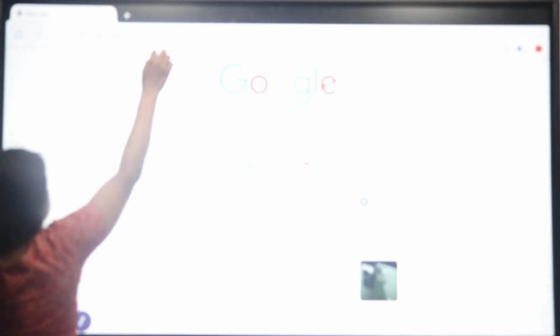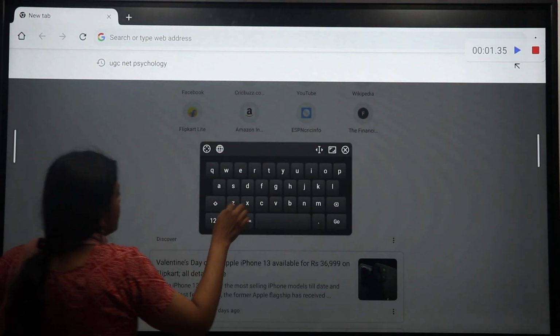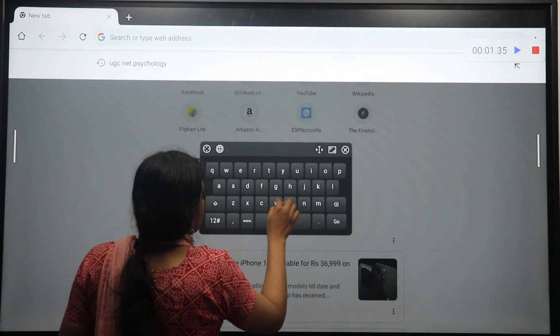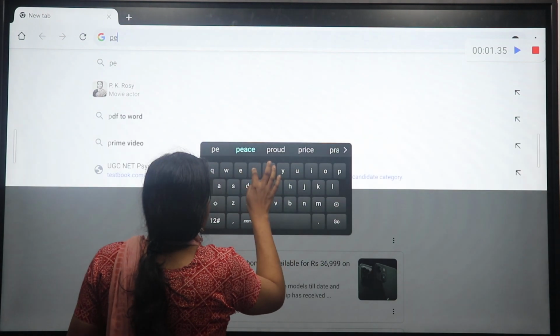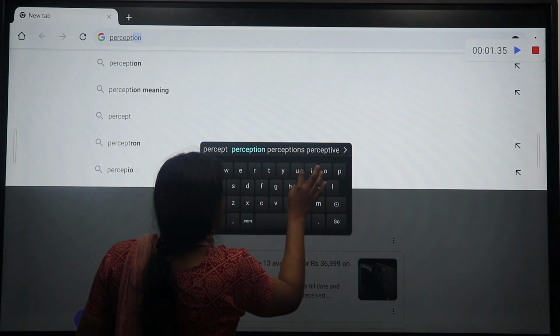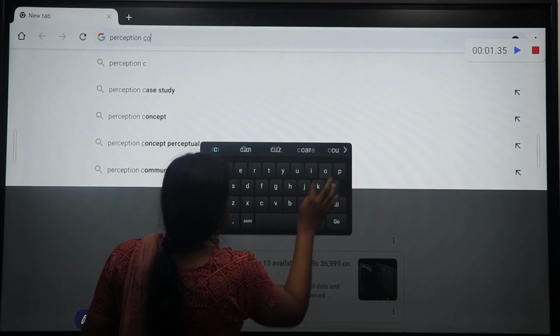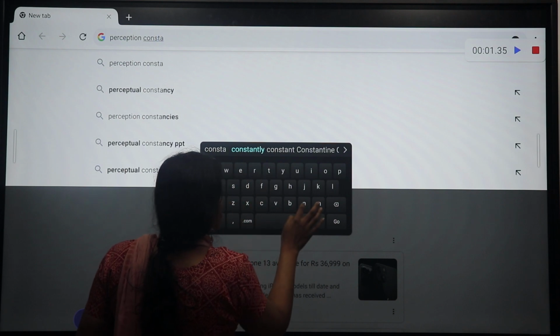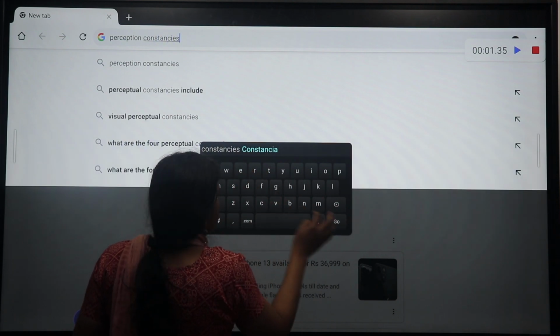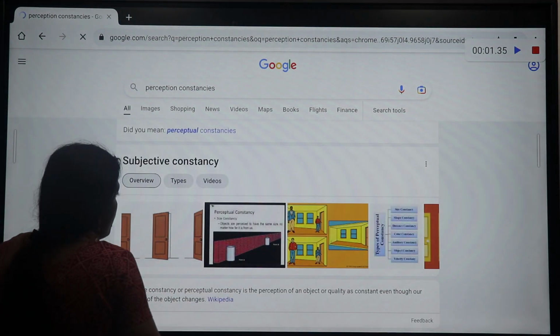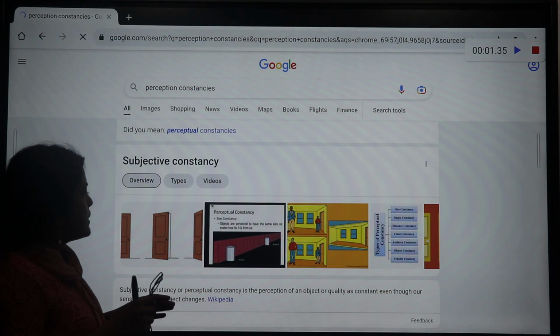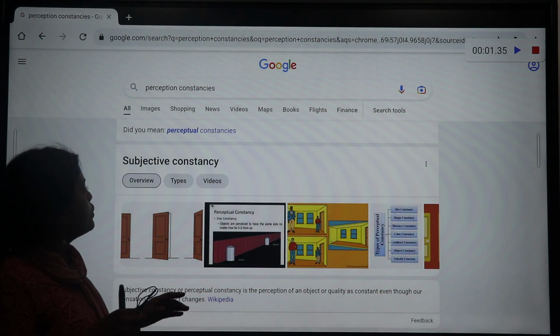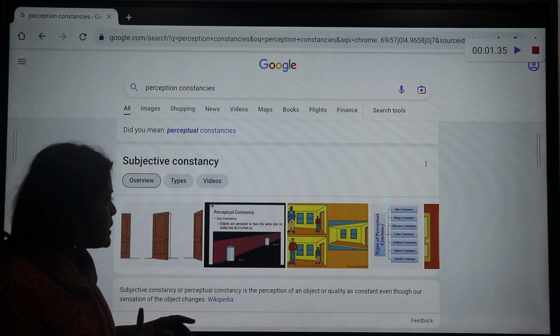So, you must be seeing the 3 constancies. The first constancy which I was talking to you about was brightness constancy.